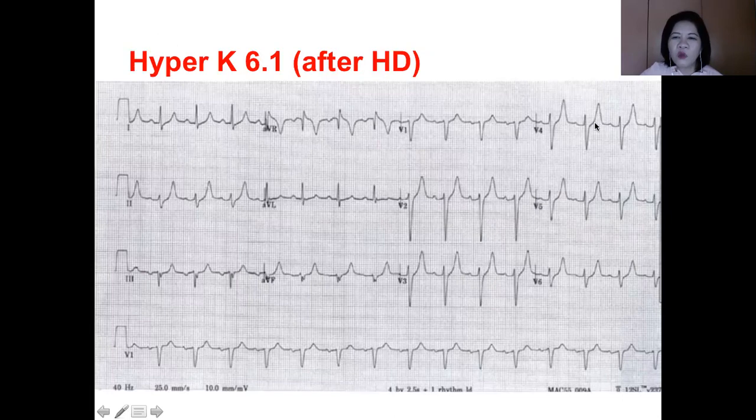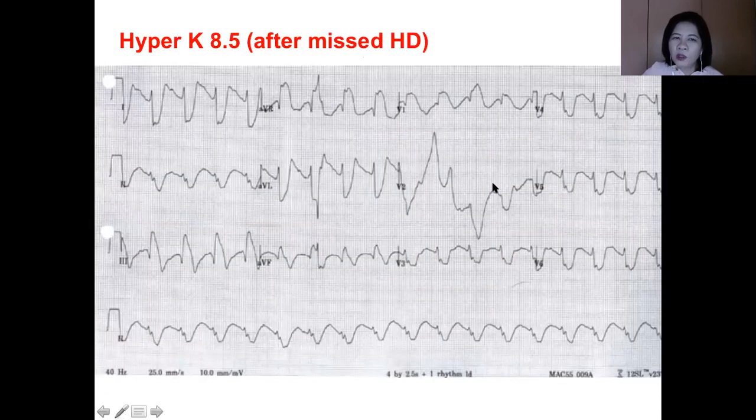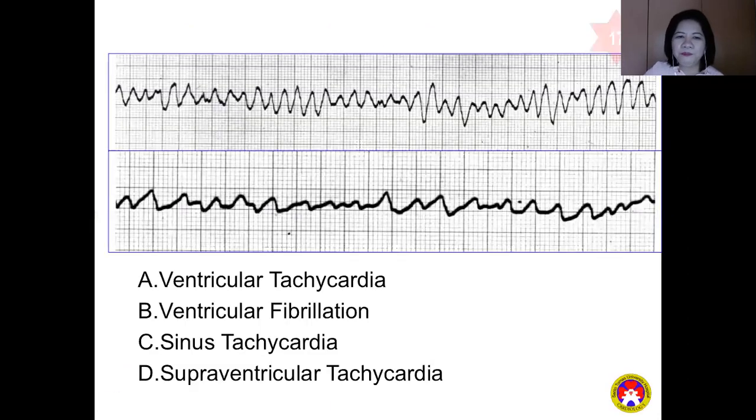The T will peak. So you have peaked T waves. Eventually, as the potassium increases further, it will prolong the QRS complex. So these are changes because of hyperkalemia.